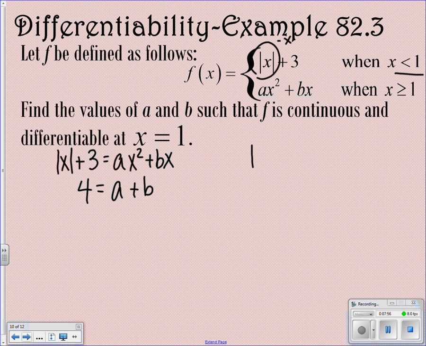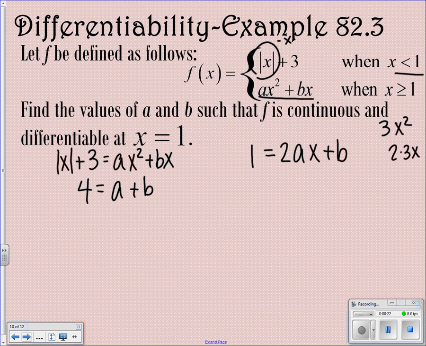The derivative of this is going to be 2ax plus b. Think of the a, it's just a number, so think of it as just like a 3x squared. Well, you would bring the 2 down to make it 2 times 3x. Well, we have 2 times a instead of 2 times 3. And then derivative of bx, what's the derivative of 4x? It just goes to a 4.